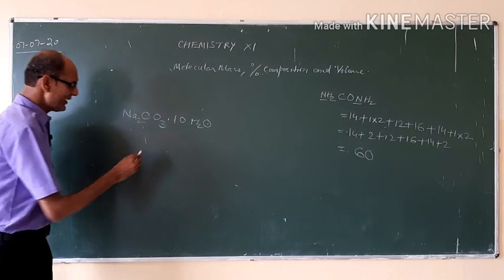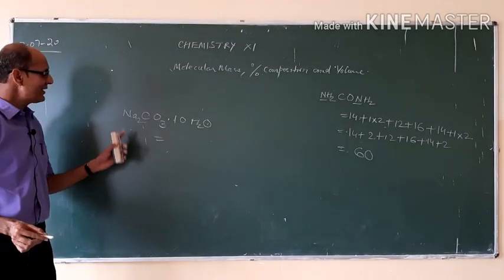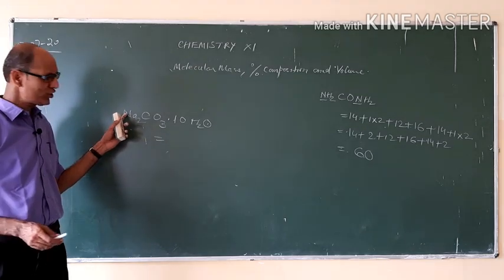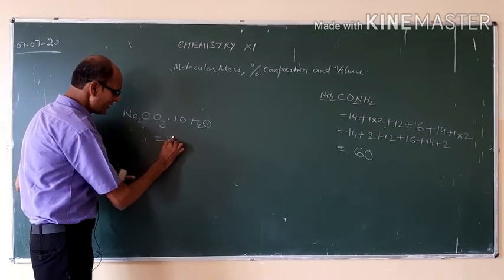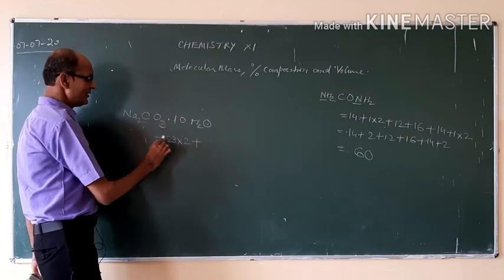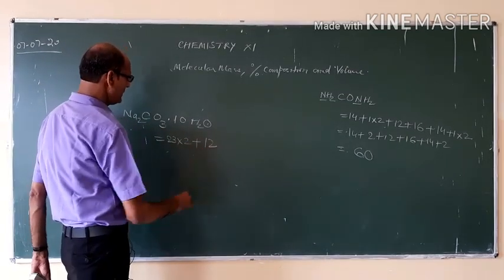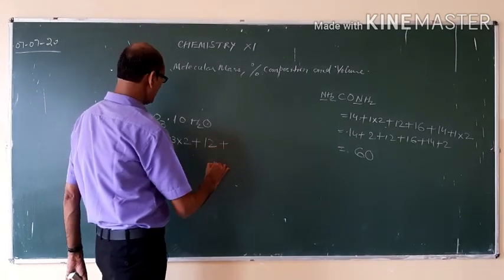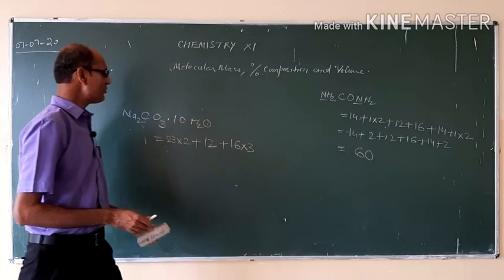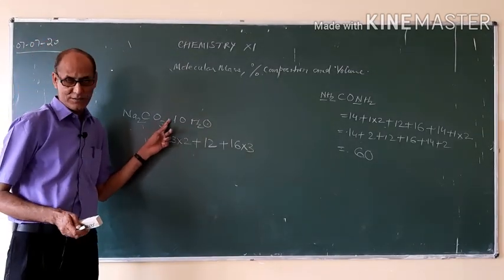So how will you calculate? There are 2 Na atoms. The atomic mass of Na is 23. So 23 into 2, plus 12, plus 16 into 3. Now you are seeing here the dot.